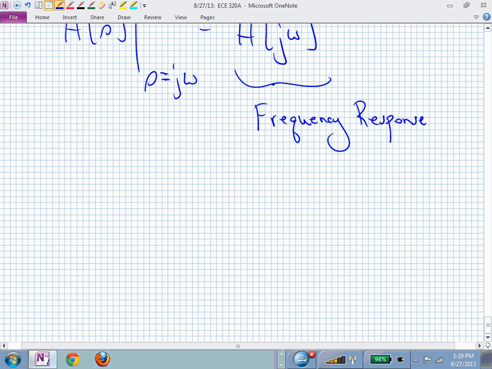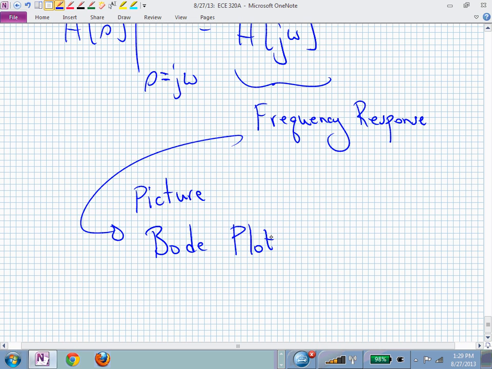And a picture of that will be a Bode plot. Actually, it's Bode plots. We'll plot the magnitude versus frequency and the angle versus frequency, or the phase versus frequency.